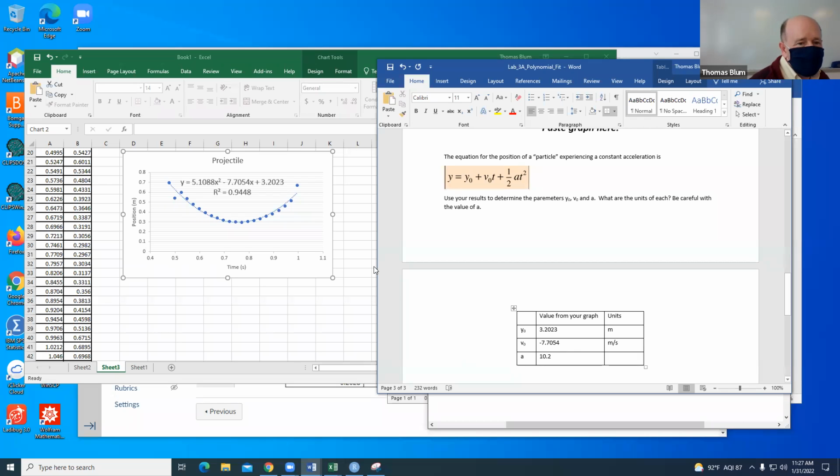And then the units. Okay, so this number multiplied by x squared gives me a y. So when I'm done I want meters. I'm going to multiply some number by x, which is seconds. I'm going to multiply by seconds squared. So I want something that when I multiply it by seconds squared, I get meters. And that's meters per second squared.